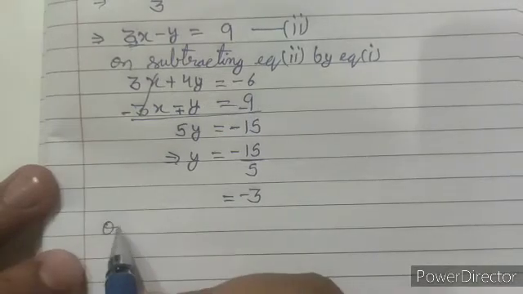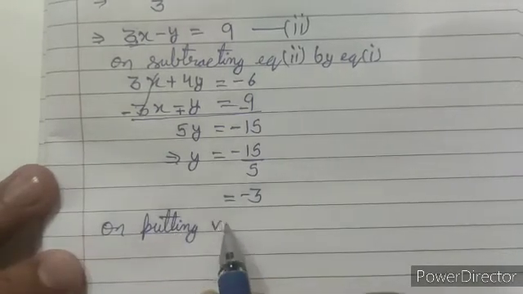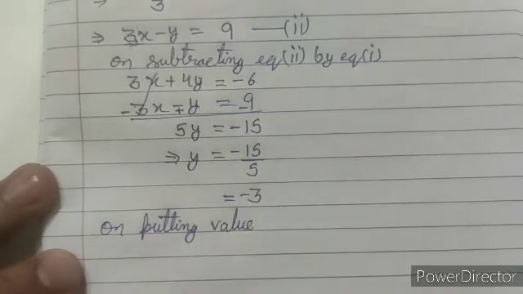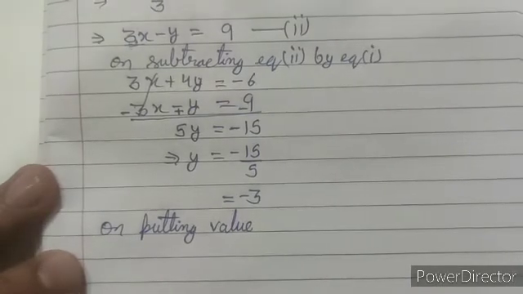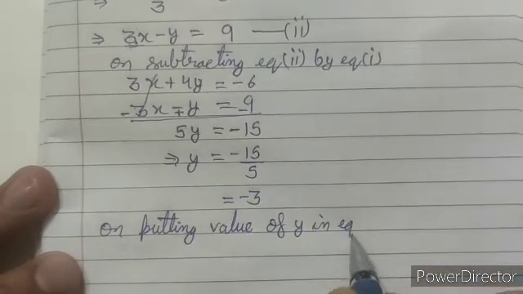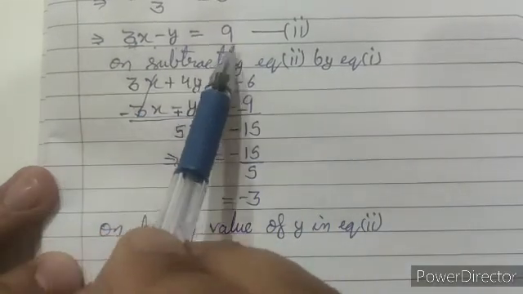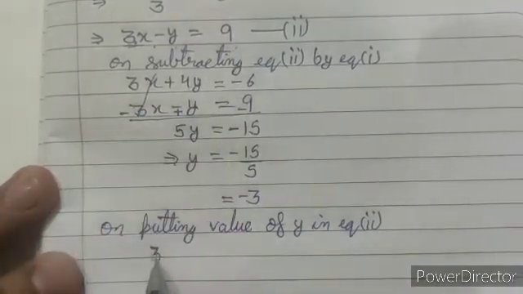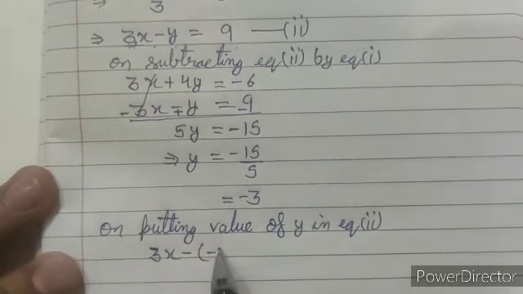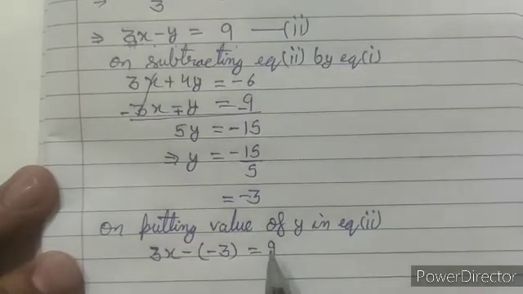Now on putting the value of y, we can put this value in any one of the equations. I am putting it in equation second, and our second equation was 3x minus y equal to 9. So that will be 3x minus y. In place of y, we will put the value of y, that was minus 3, equal to 9.